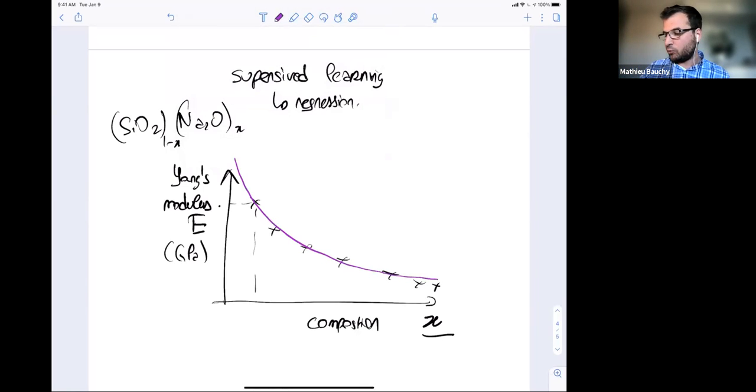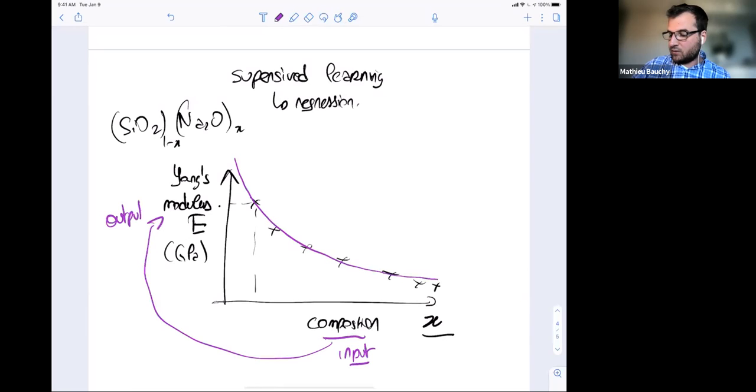So in that case, that would be kind of a curve fitting problem where you try to find a curve that maps the input, the composition, and can be used to predict the output. The composition would be the input, and the Young's modulus would be the output.